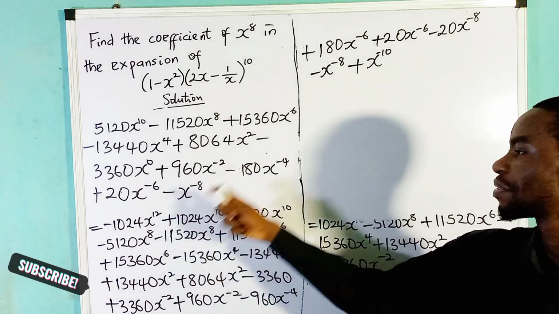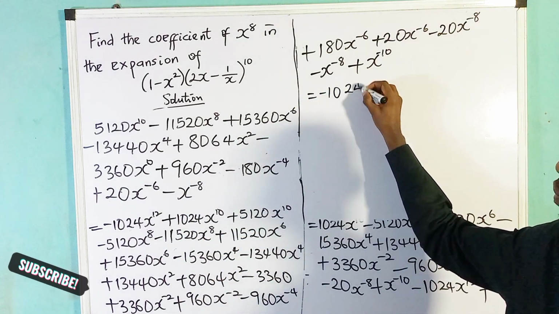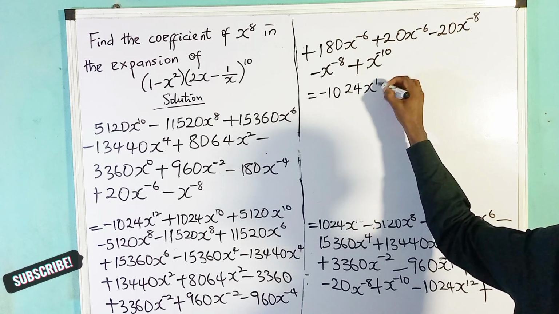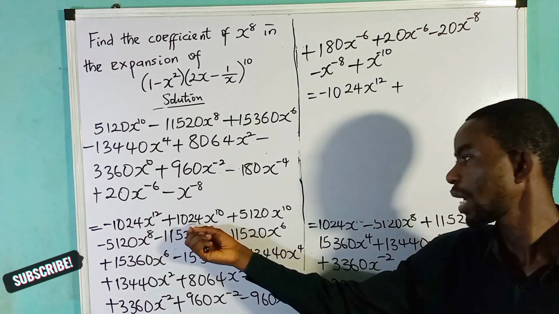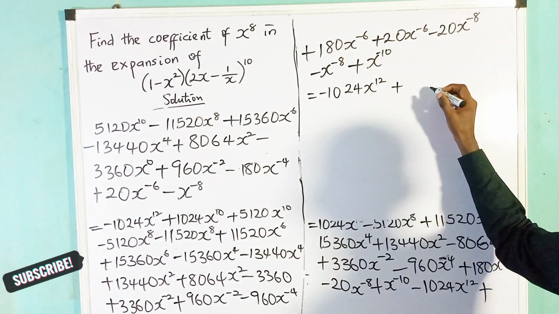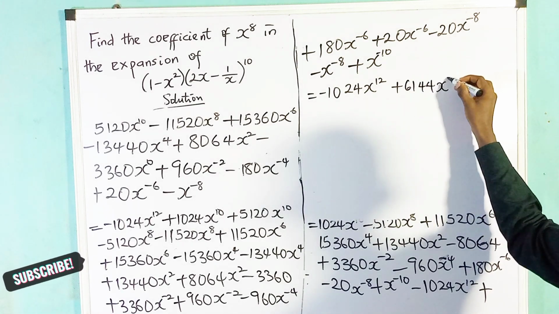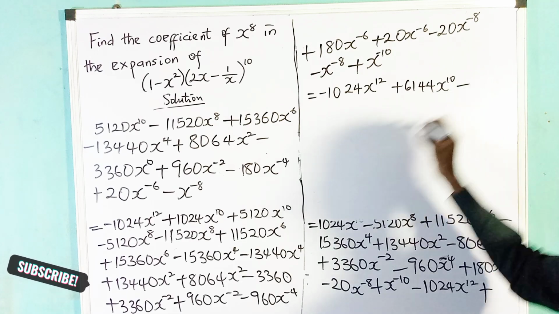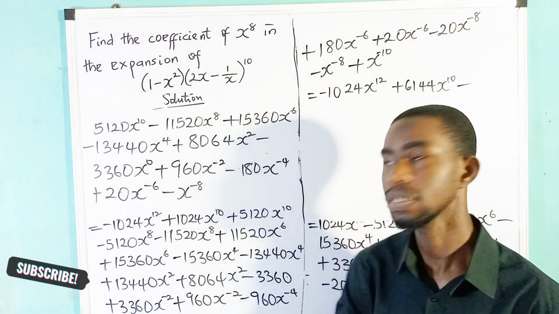So we have this equals to minus 1024 x raised to the power of 12 plus, when we add these two numbers together, that's going to be 6144 x raised to power 10. When we subtract, this is basically adding them together then writing minus.